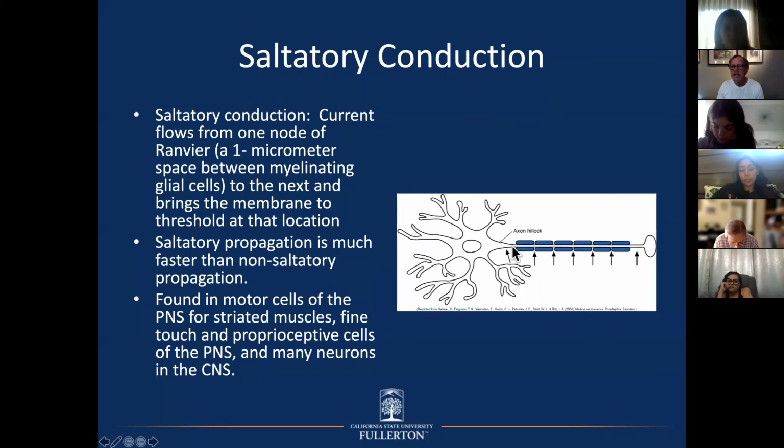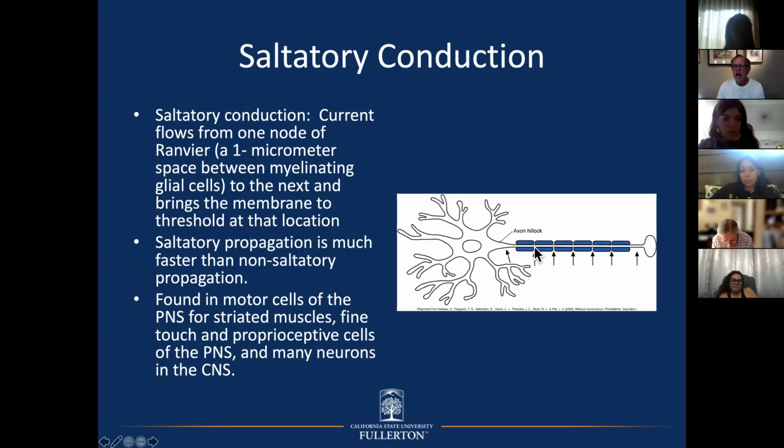What happens in between is current is flowing and it jumps. And the current comes over here and it depolarizes that little area of membrane to threshold. And it does all the things we went through. And then the current flow goes to the next node of Ranvier.